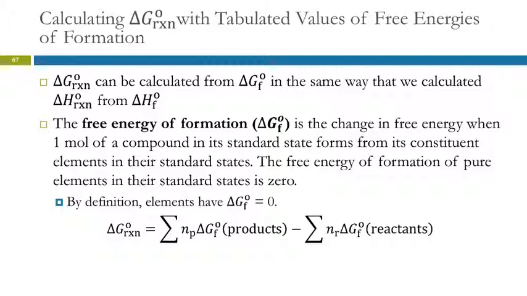Free energy of formation of pure elements in their standard states is 0. So this is very similar to the calculations for enthalpy. So delta G is the sum of the products times their coefficients minus the sum of the reactants times their coefficients. And the GF values just get looked up.